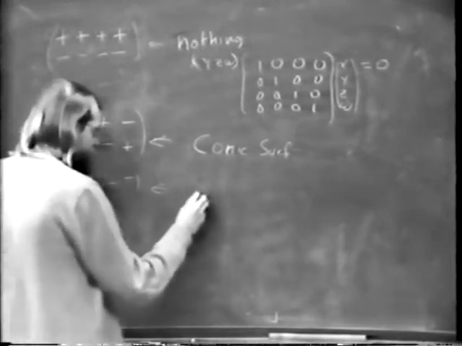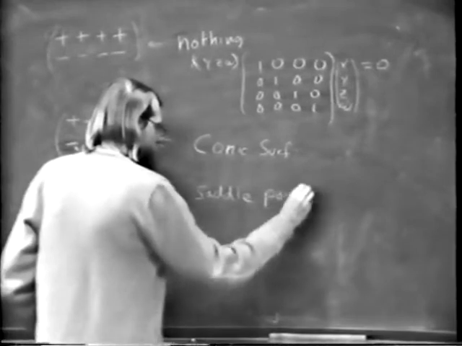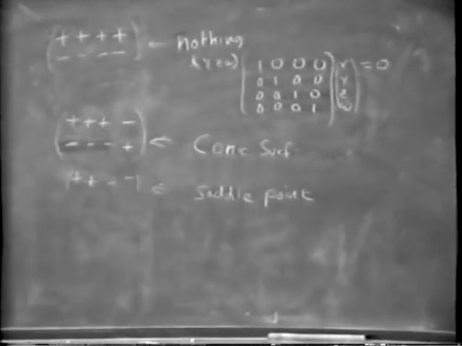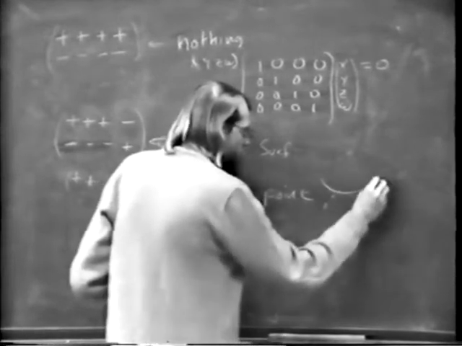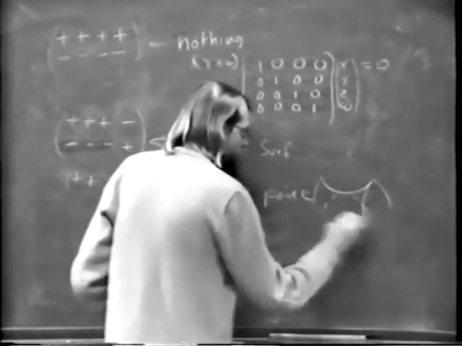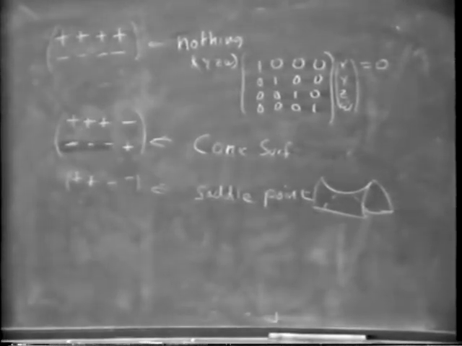I'll give it a more common name, saddle point, also known as a hyperbolic paraboloid. Something of roughly that shape. I believe that's right. So these are all the combinations of all non-zeros. We start getting into singular things.